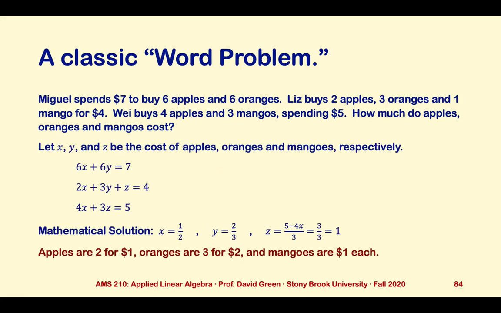Remember that the last step is to translate that back into the original form, our model, our mathematical system, our interpretation. If x equals 1/2, that means apples cost half a dollar, 50 cents, or 2 for $1. Oranges cost 2/3 of a dollar, 66.67 cents, or more easily represented as 3 oranges for $2, and mangoes are $1 each.